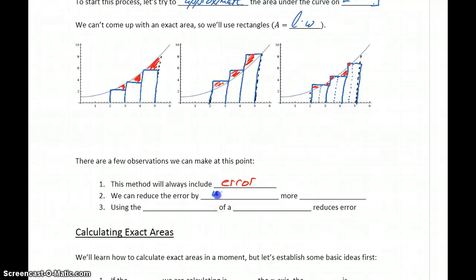We can reduce that error by using more subintervals, which we saw above when we started off with one subinterval versus now using 3 subintervals. We have less error. And we can also decrease that error by using the midpoint of each subinterval.